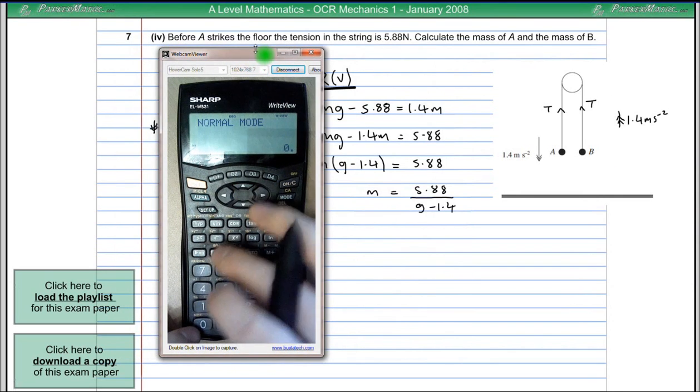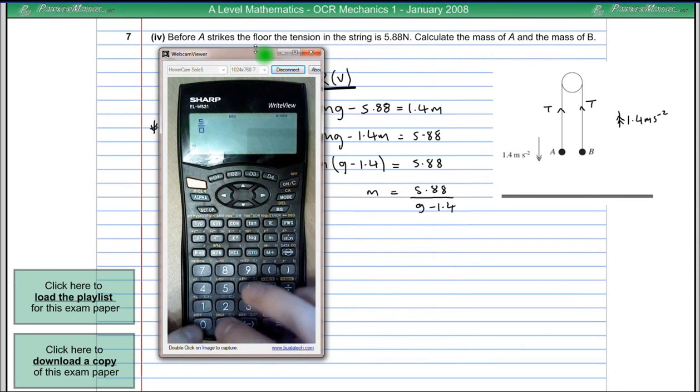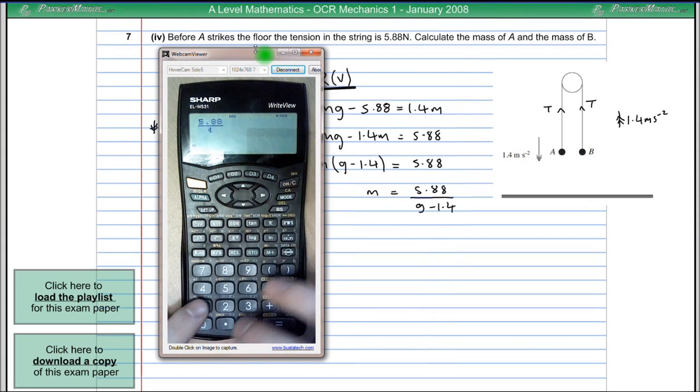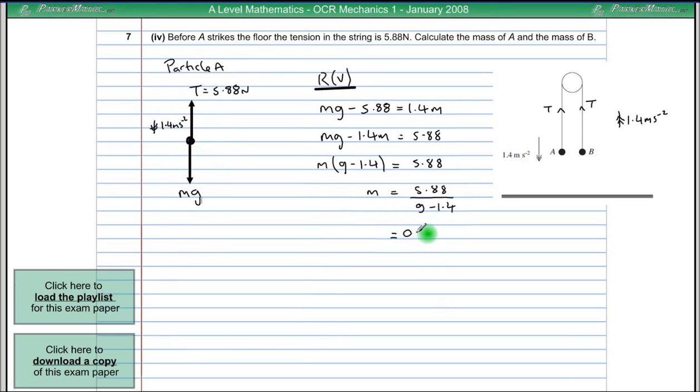So we've got 5.88 divided by 9.8 minus 1.4, and that gives us a mass of 0.7 kilograms. So the mass of particle A is 0.7 kilograms.